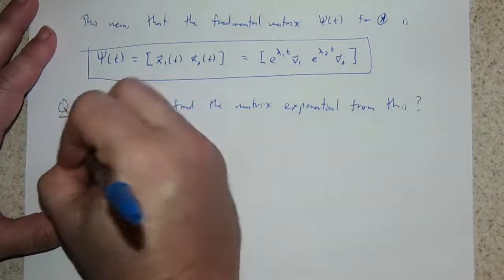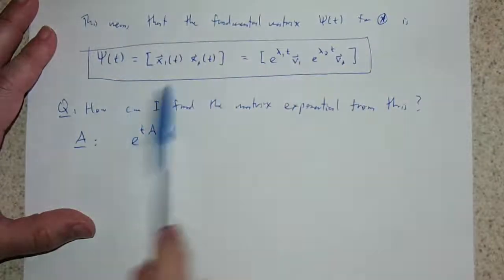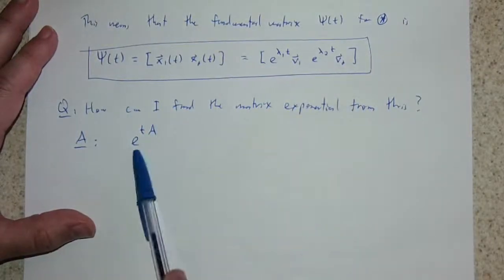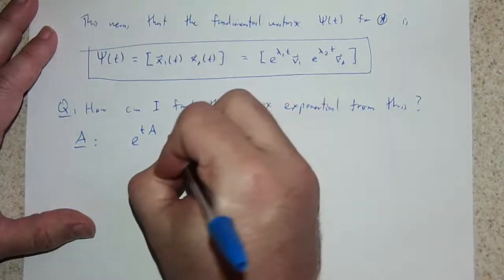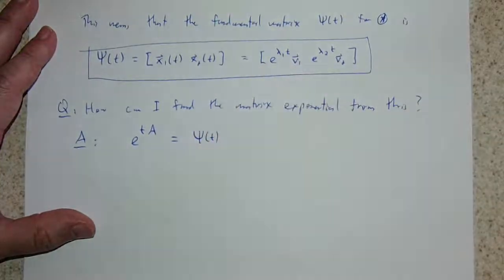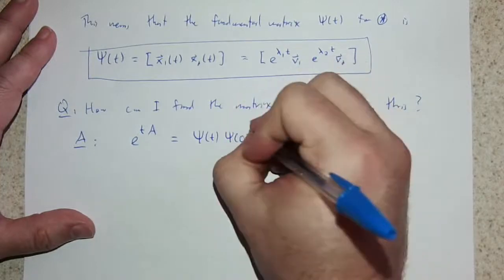The answer is that, recall, there was this fact that the natural fundamental matrix for the system, which is just another way of saying the matrix exponential for the system, was found to be the fundamental matrix times the fundamental matrix at 0 inverse.